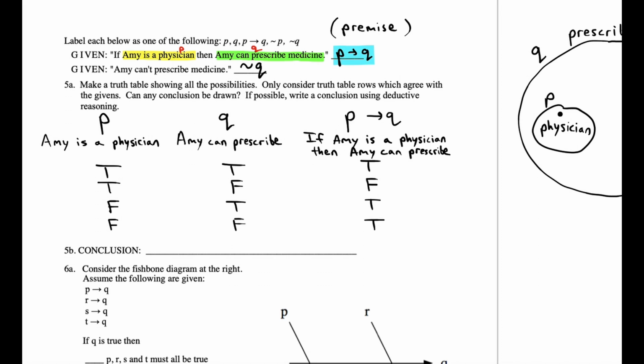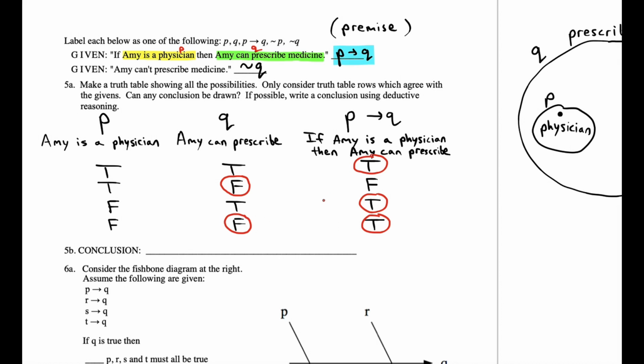Let's circle all the truths in this premise column, because you accept that as absolutely true. Then another thing that's given is that Amy can't prescribe medicine. So what will I circle? Let's circle the falses this time, because Q is false is what they're saying.